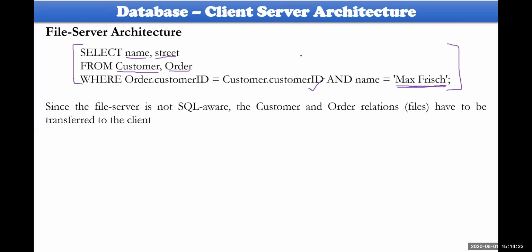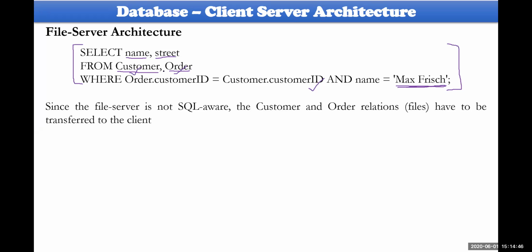If you do not understand, let me explain some more. Two tables are available, table number 1 customer and table number 2 order. In both customer and order there is a specific column, customer ID.